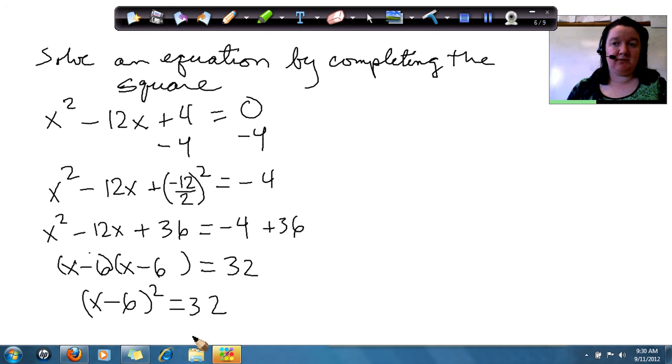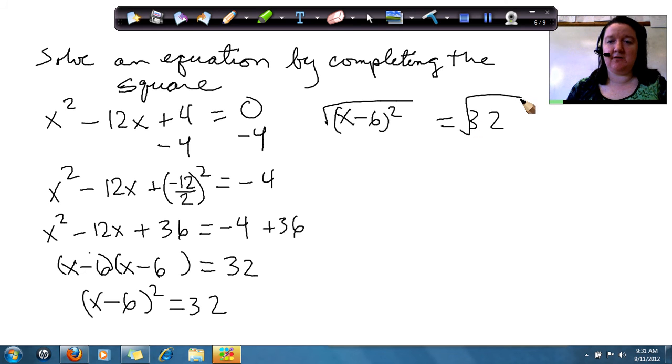Now I need to find the square root of both sides. So I'm going to take x minus 6 equal to the square root of 32. Remember, when you take the square root of a square, you just get what was inside.